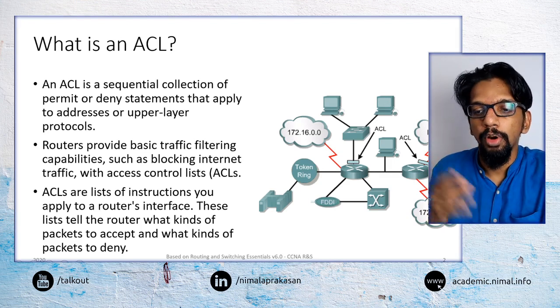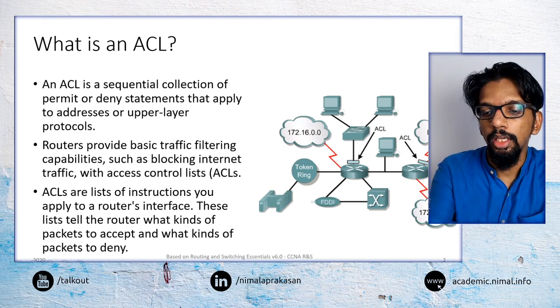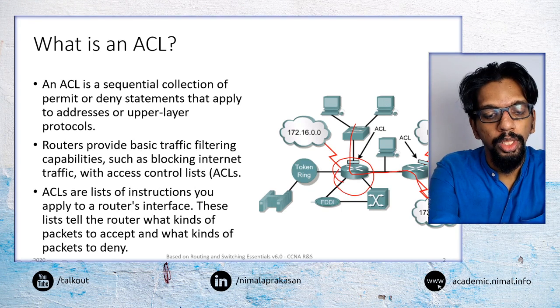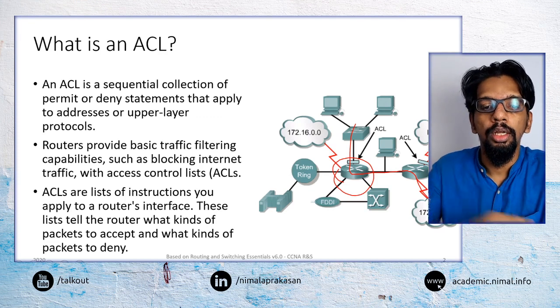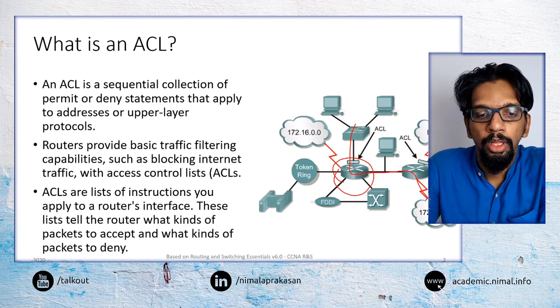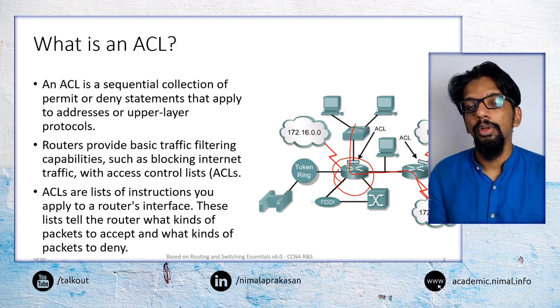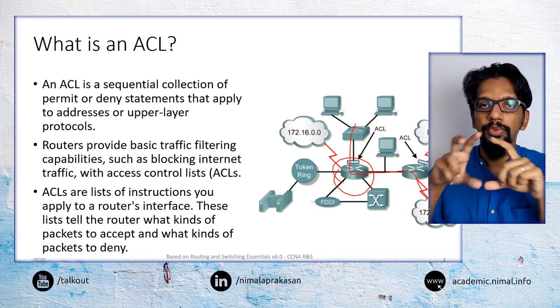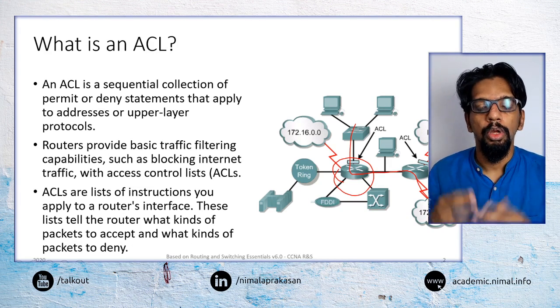If a packet is coming from a particular device and needs to go to another device, say it reaches a router and then has to go to another destination, the router can make a decision as to whether it wants to permit that packet to go on or deny that packet from entering or passing through the router. So it is basically a mechanism for filtering traffic. Whenever a packet comes, we will check with this list to see if we can allow that packet to go through our router.